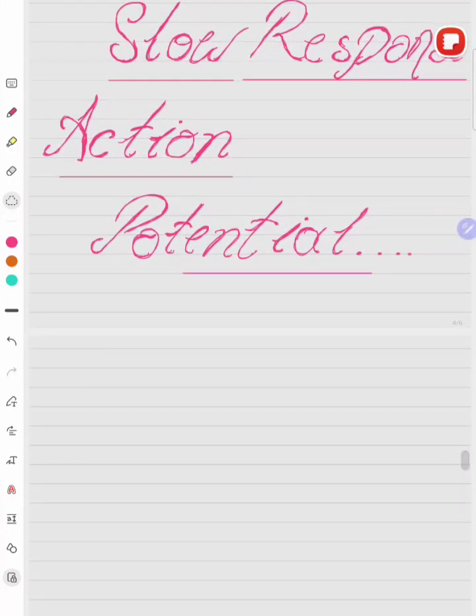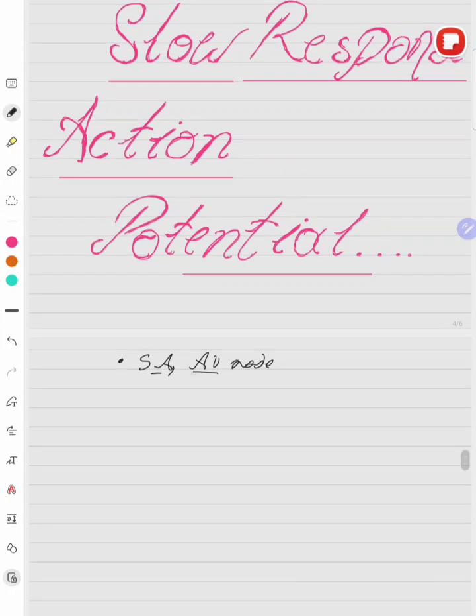This type of response takes place in the SA node, SA, AV node, and why so? These are the parts that spontaneously generate electrical impulse.